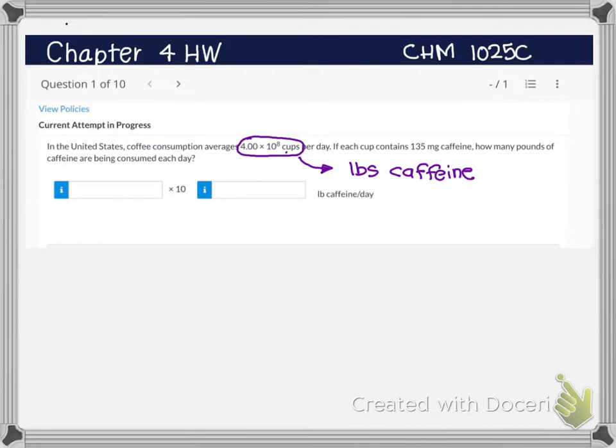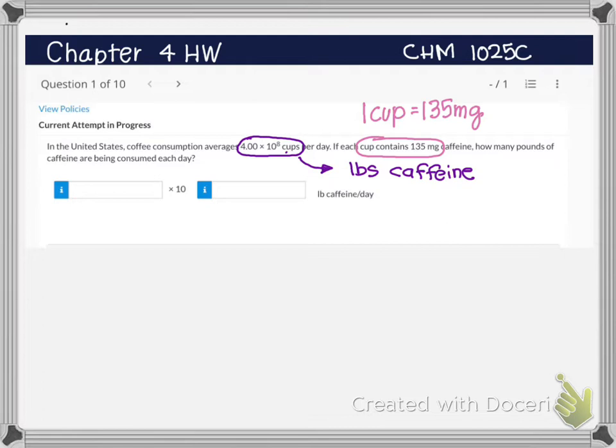So when I look at this problem, I see that they tell me that each cup contains 135 milligrams. So that's an equality. 1 cup of coffee has 135 milligrams of caffeine. And I'm not writing the caffeine here, but remember we're trying to find pounds of caffeine.